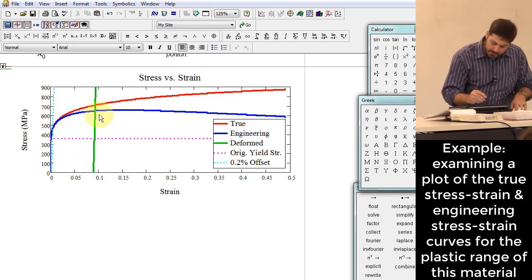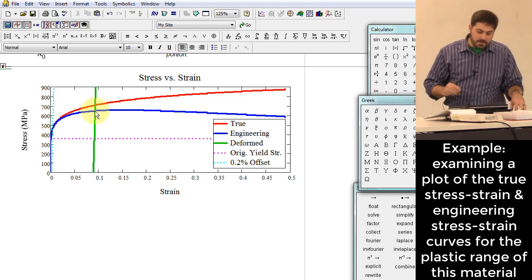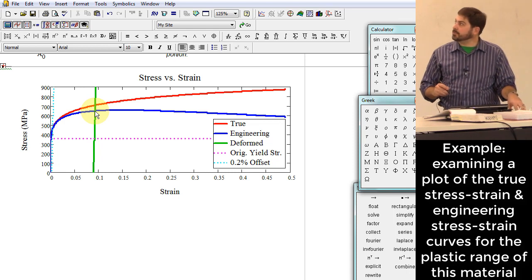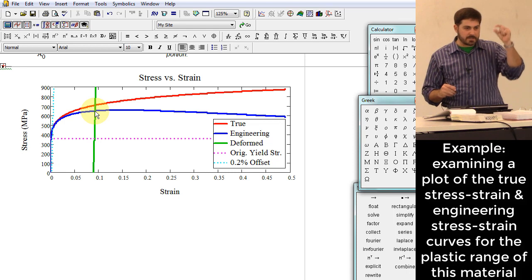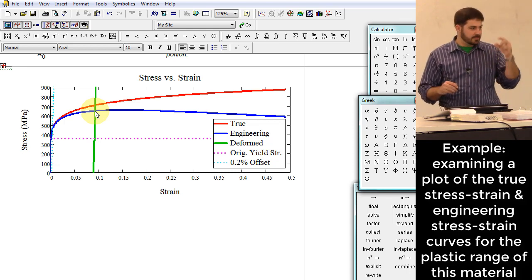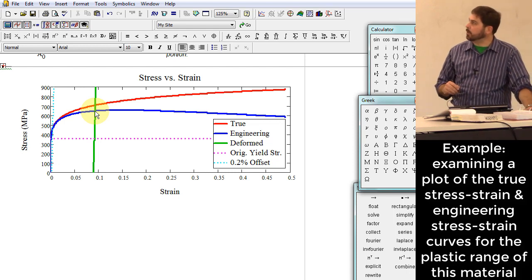And so the stress values that you see at these two locations are going to be pretty close, if not exactly, the values that I just calculated for my two stress values when it was up there loaded. It's going to be the engineering stress and true stress at that point.